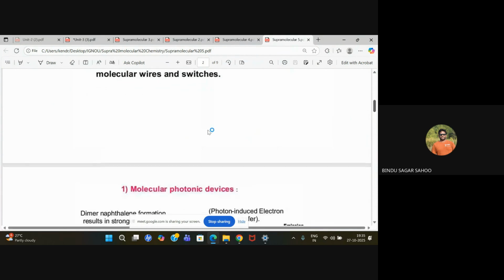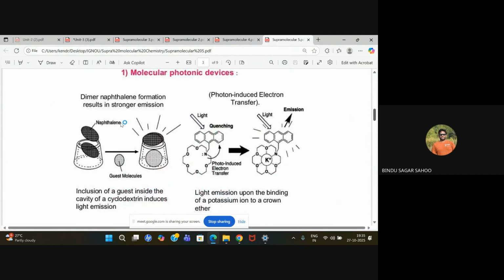So I can show you one example. This is a structure of a molecular photonic device. If you take a dimer, a naphthalene dimer formation, this results in a strong emission. So inclusion of a guest inside this cavity induces light emission.